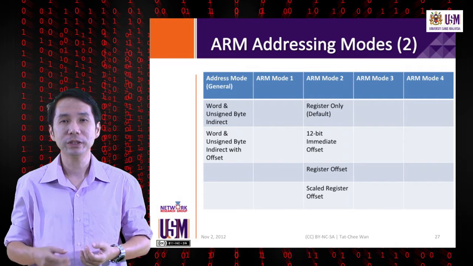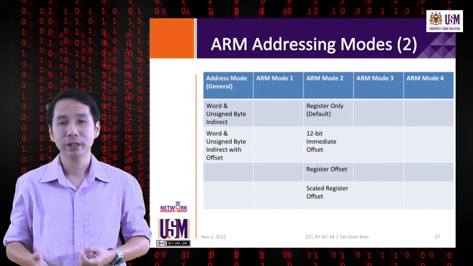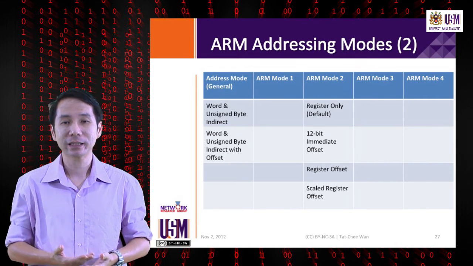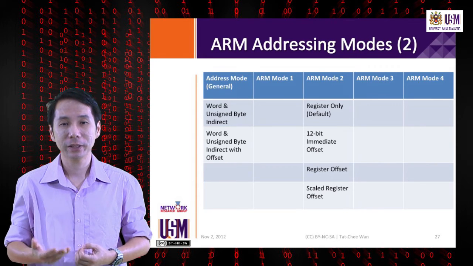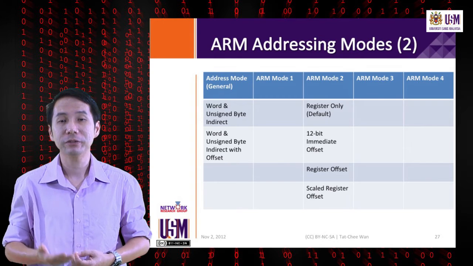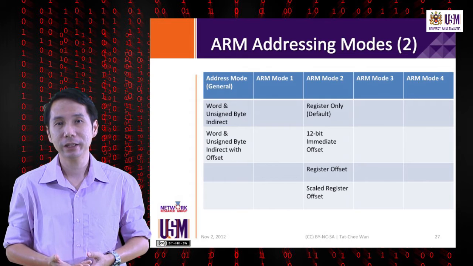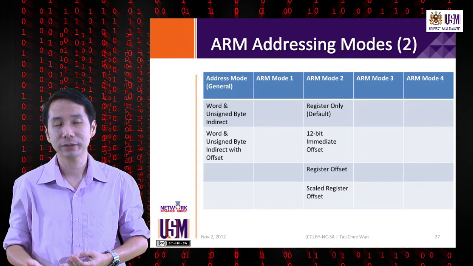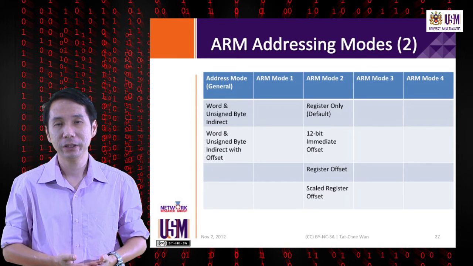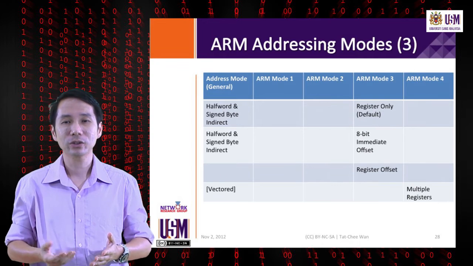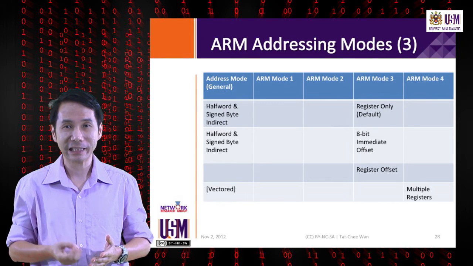Now, ARM Mode 2 is used for word and unsigned byte indirect addressing, as well as unsigned byte indirect addressing with offset. Now, the offset can be specified as an immediate value, or else it can be found in a second register to be used as an offset to be added to the primary indirect pointer value. There is also ARM Mode 3, which is used for indirect addressing.